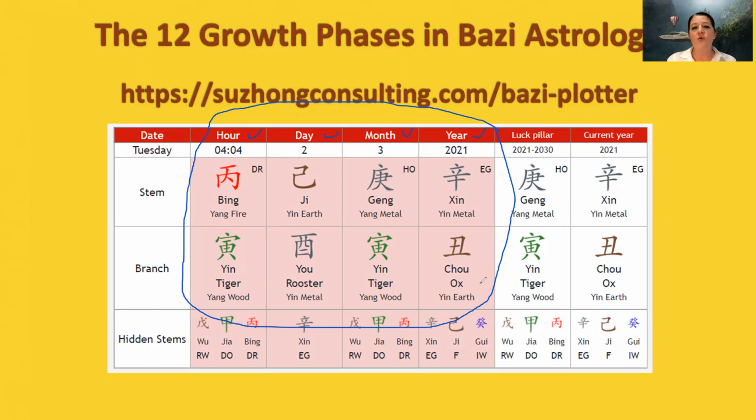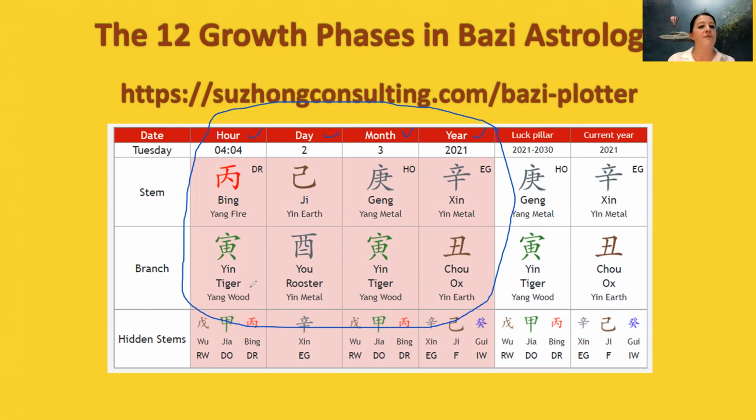Now, beginners usually are only aware of the fact that we are born in a particular animal year. But actually, we also have an animal sign that is associated with the month, the day, and the hour. So this particular person here is born in the ox year, in the tiger month, on a rooster day, and in the tiger hour. So you can have up to 4 different animal signs in your natal chart.